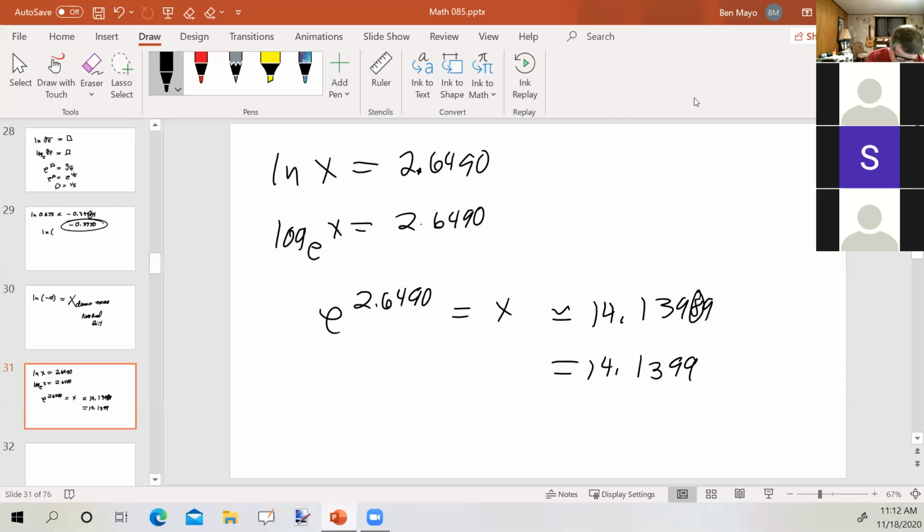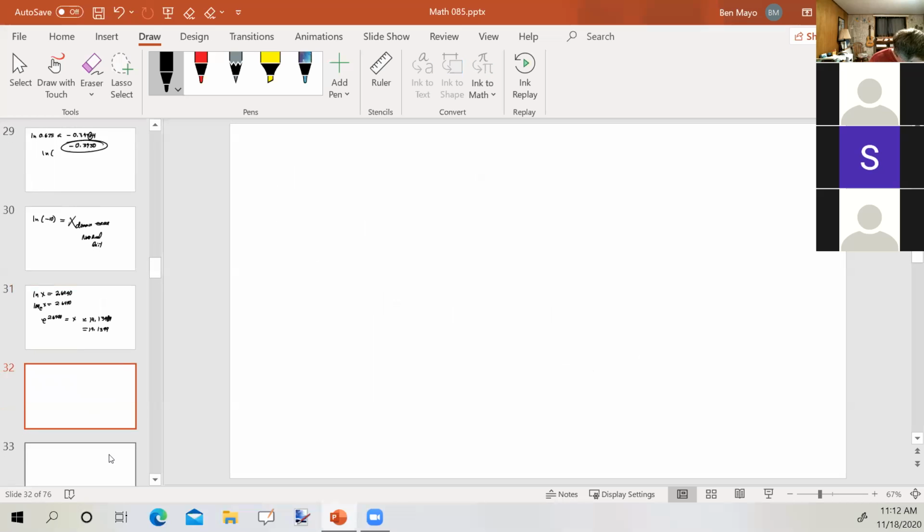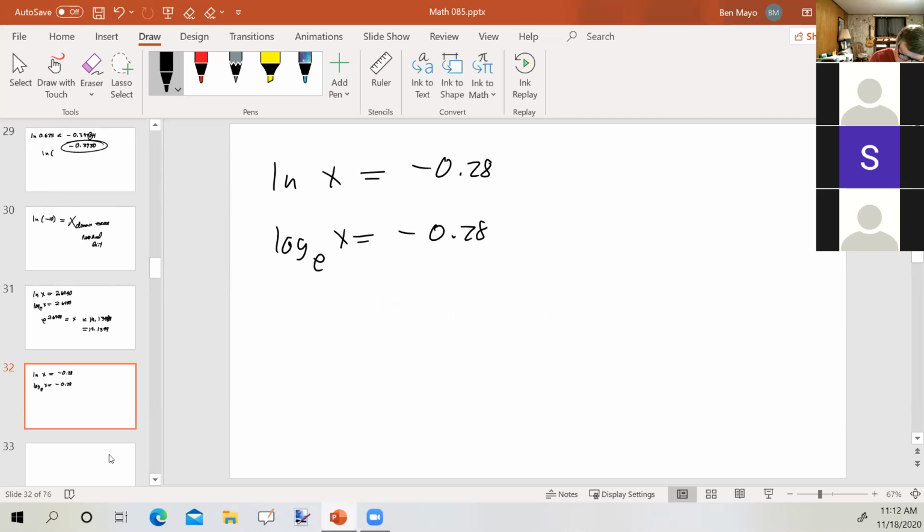All righty. And let's do one more of those. The natural log of x equals negative 0.28. So log base e of x equals negative 0.28. e to the negative 0.28 equals x. And let's see what we get for that.